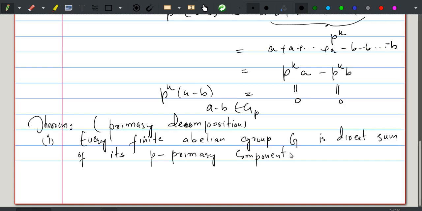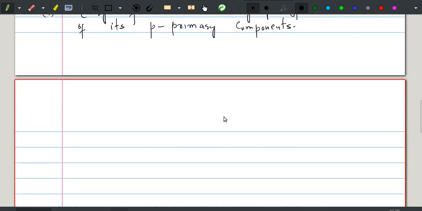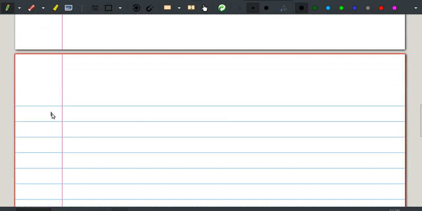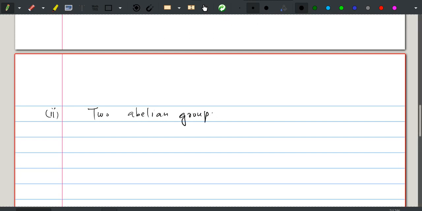And the second item is: say we had two abelian groups G and G prime.